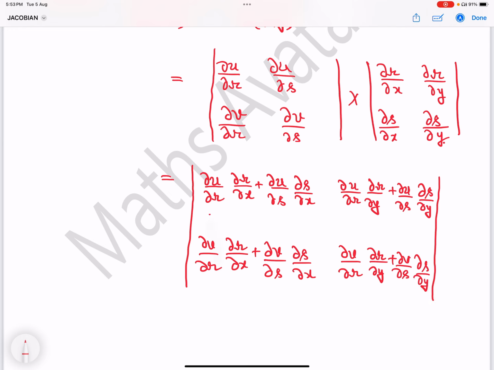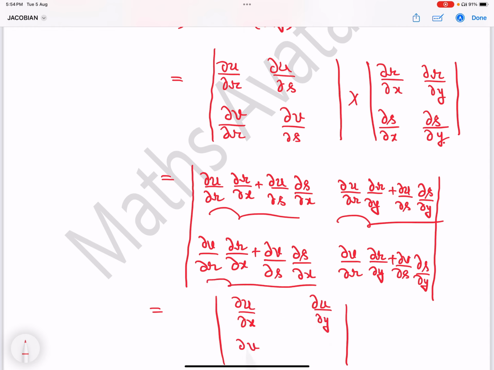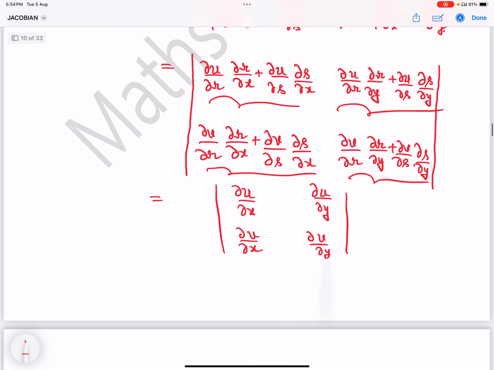Now by chain rule, what is the value of this? By chain rule, the value of this is nothing but del U upon del X. By chain rule, the value of this is del U upon del Y, then del V upon del X, and del V upon del Y. So finally, what we got?